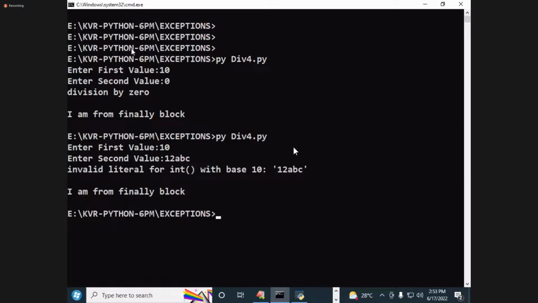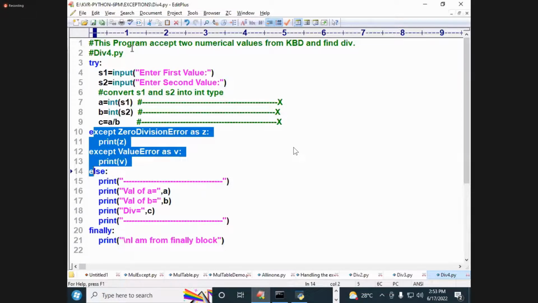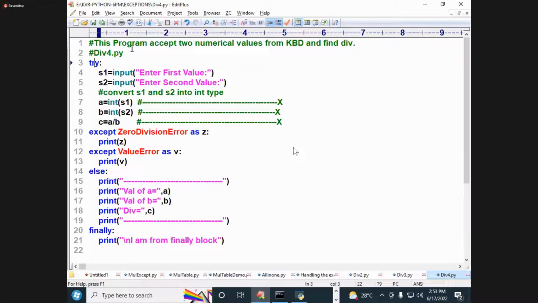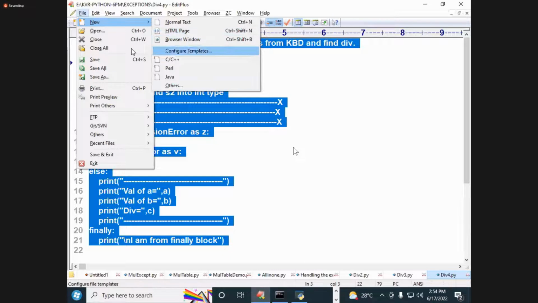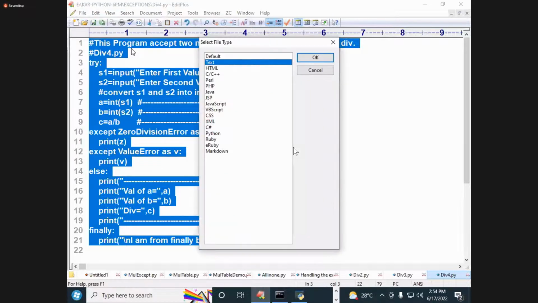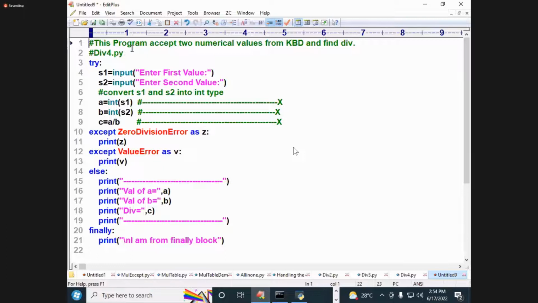Now I am going to show one more kind, students. In the try block we used an alias name. Next one is done. Now see, students, one more type of facility I am going to do. Here I am going to write div5.